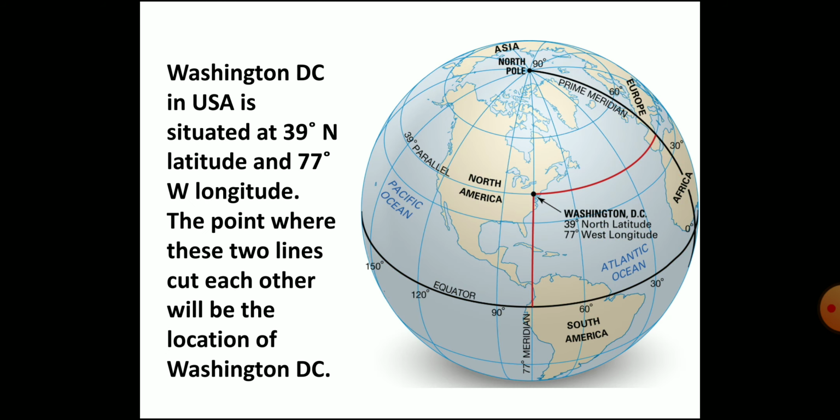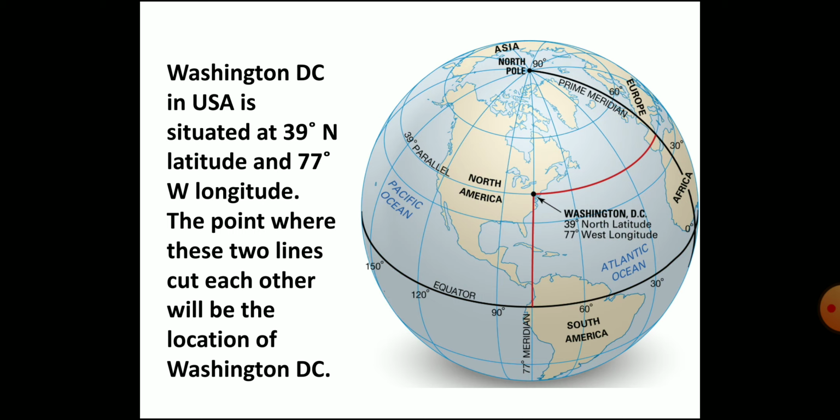For example, look at the image shown here. Washington DC in USA is situated at 39 degree north latitude and 77 degree west longitude. So, the point where these latitude and longitude intersect will be the location of Washington DC.